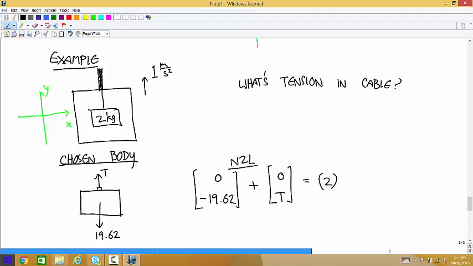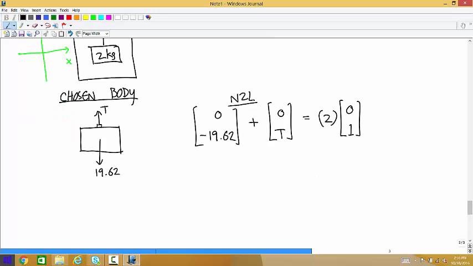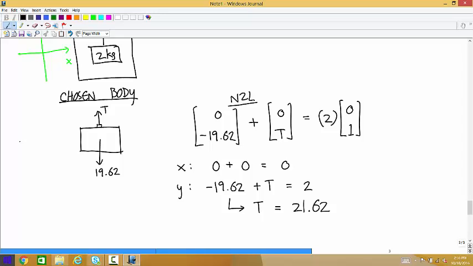It's accelerating in the positive y direction, so that's 0, 1. The x equation says 0 plus 0 is equal to 0. And the y equation says negative 19.62 plus T is equal to 2. And so T is equal to positive 21.62 newtons.